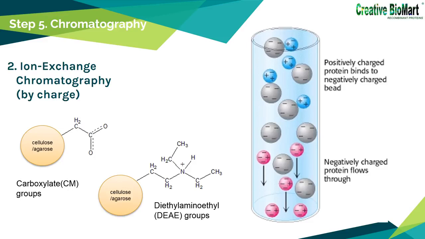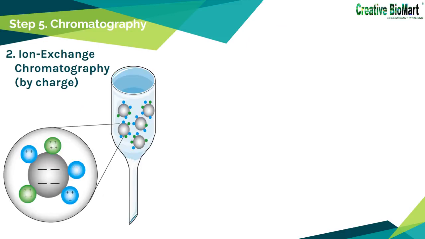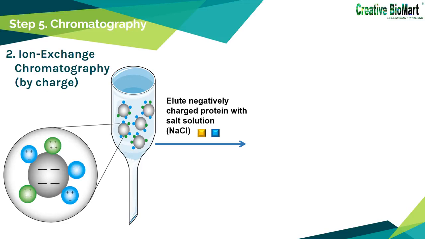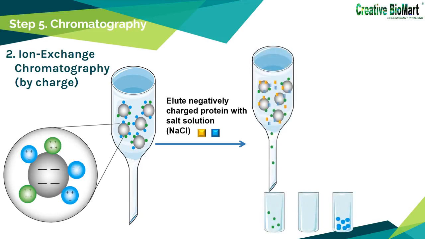A positively charged protein binds to the beads, and other charged proteins will flow through this column and emerge first. The positively charged protein, for example, can be eluted by increasing the concentration of sodium chloride or another salt in the eluting buffer, because sodium ions compete with positively charged groups on the protein for binding to the column.